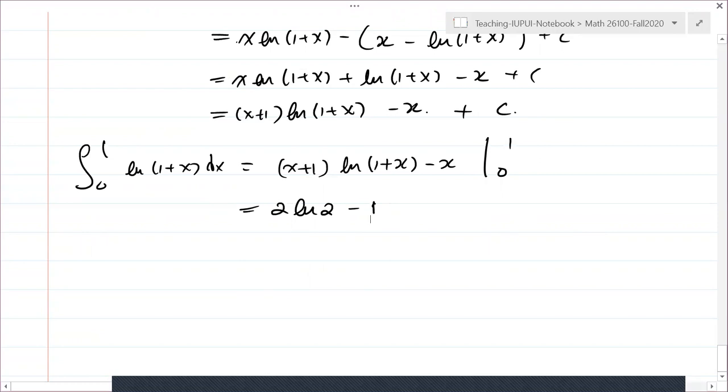Now, the geometric meaning of the double integral is going to be the volume.